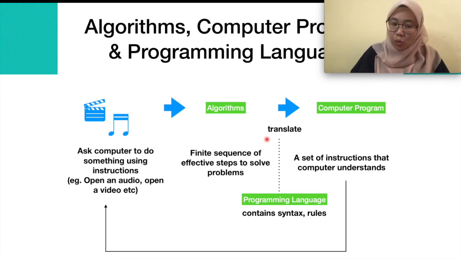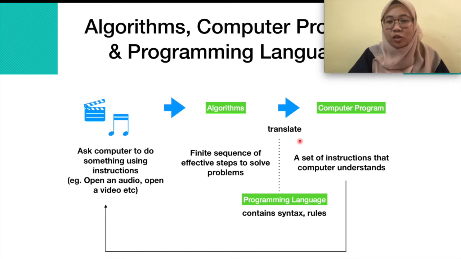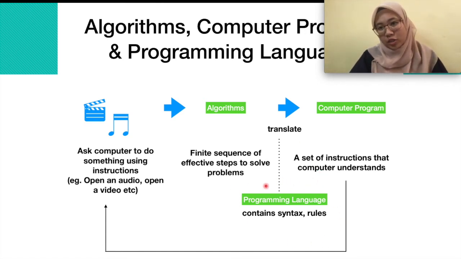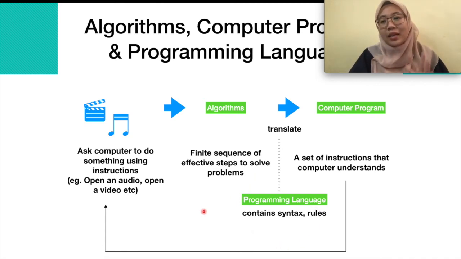So when I want to convert this sequence of steps into a language that a computer can understand, that is when I use a programming language. I have to convert all the steps that I have written into a language that a computer can understand. There are many languages that a computer can understand.